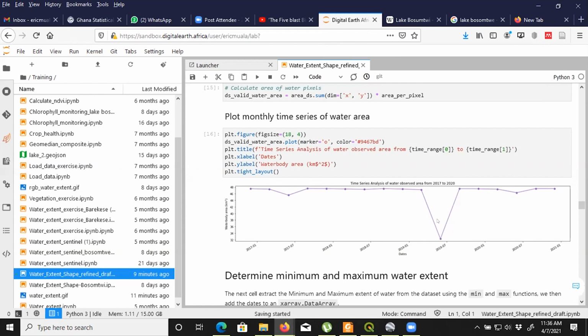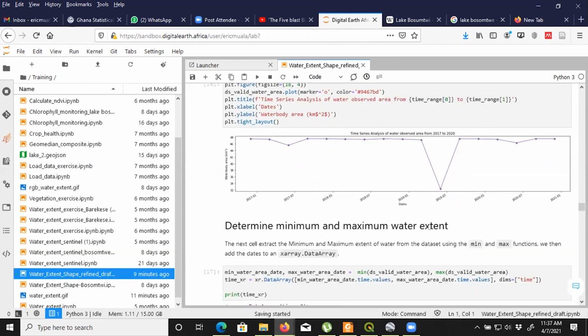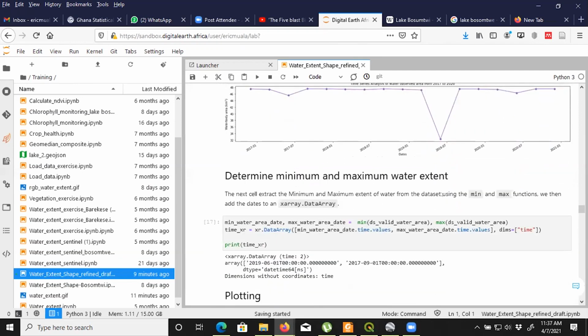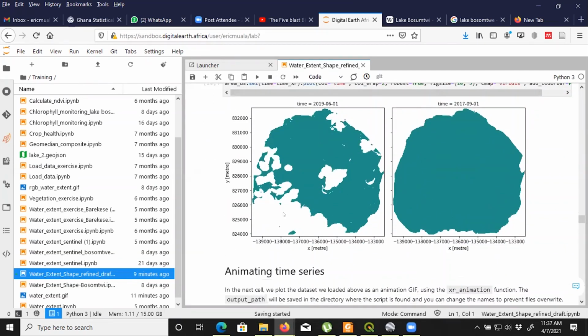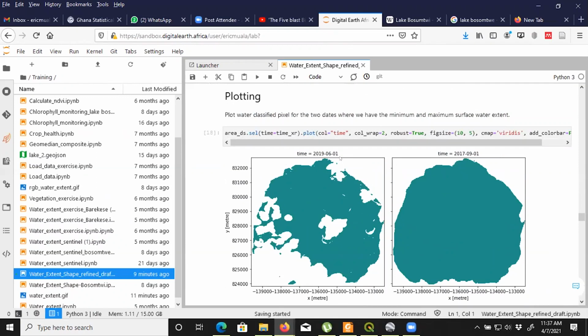Now we can see here an outlier. So in running the sandbox, we saw that this outlier was as a result of several clouds, which we found over here. And also, there was a comparison. If you see here, the year 2019 July and 2017 July were the years with the maximum and the minimum.